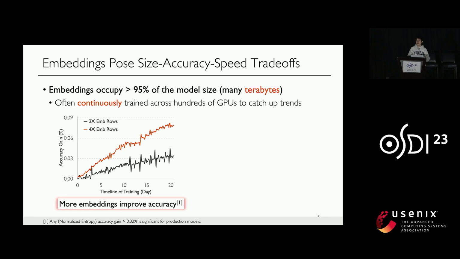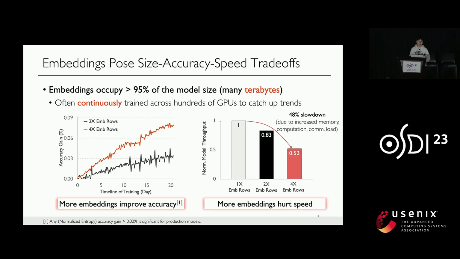But this improvement comes with a great cost. The right figure shows this can slow down model execution by half if we do not add another dozens of GPUs. This is due to the increased memory, computation, and communication load in running more embeddings.